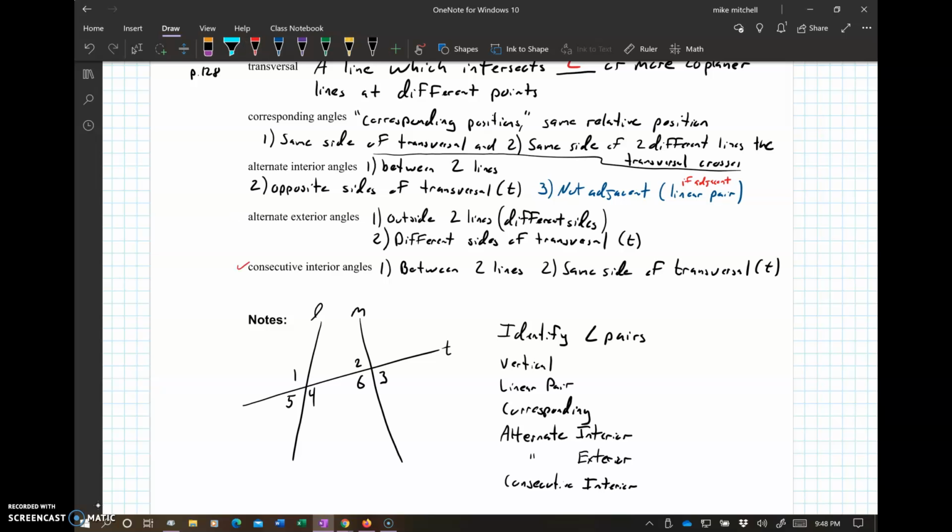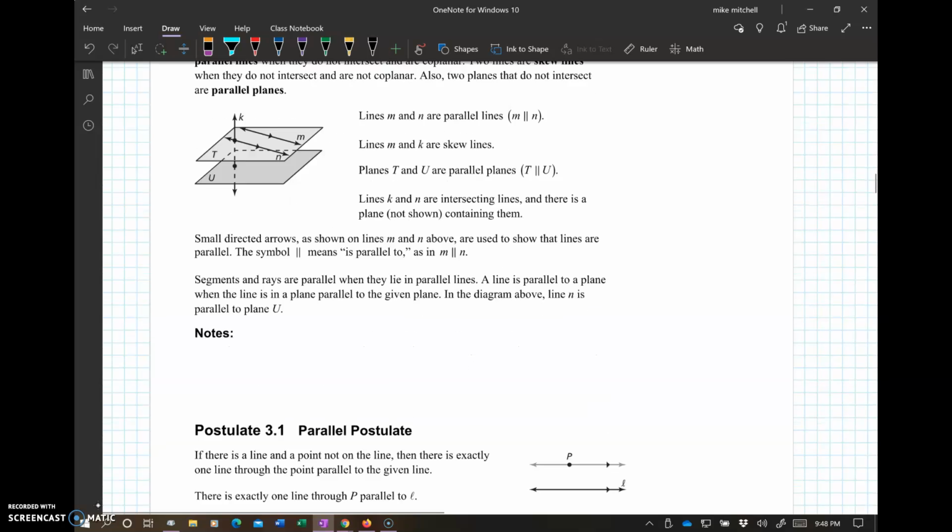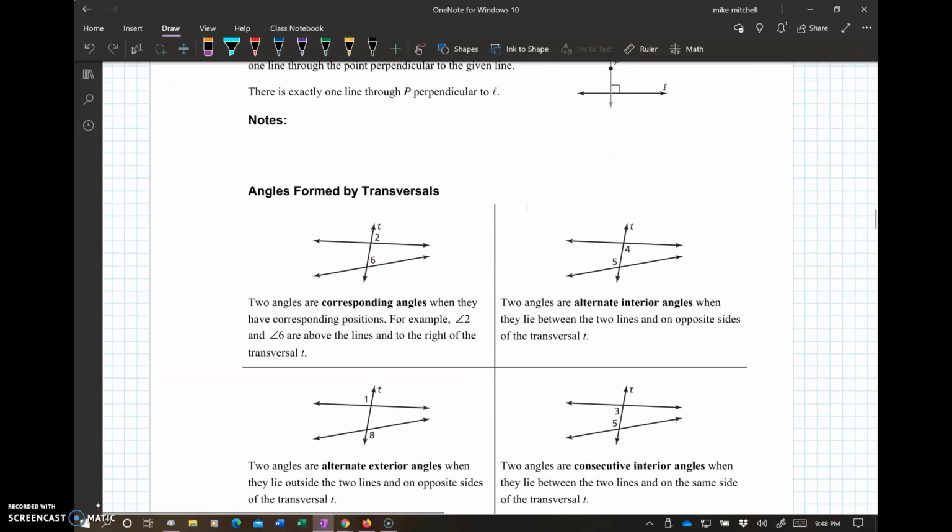So we'll look at some examples here. Again, a couple pages later, they got pictures of them down here. Corresponding. We can look at this. Angle 2, it's above this line. Angle 6 is above this line. 2 is to the right of the transversal T. 6 is to the right of the transversal.